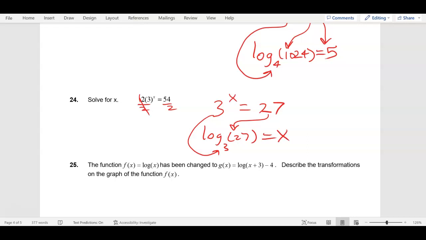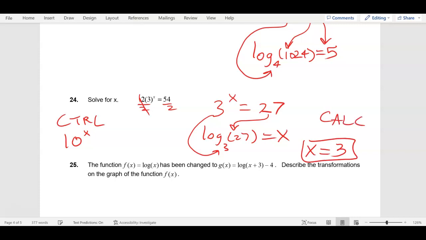Now you're going to have to do it because I can't show you. You go to your calculator. You're going to press Control 10 to the x. That's how you get your log. Base 3, go to the right, 27. So x equals 3. Use your calc to plug that in. Okay.